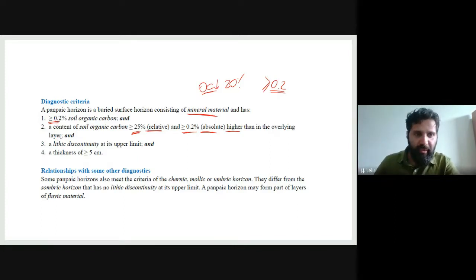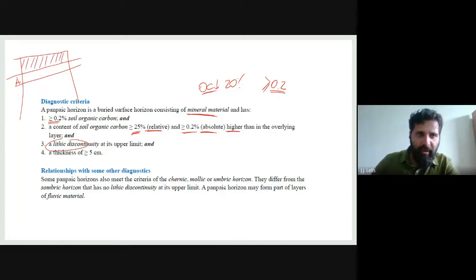We should present a lithic discontinuity. So we should present here something like the Pompeiic horizons here. We should present some horizons or layers that are formed by a specific different material from this one. So here we have horizons that are formed from gneiss, and here we have some horizons that formed from sandstones.